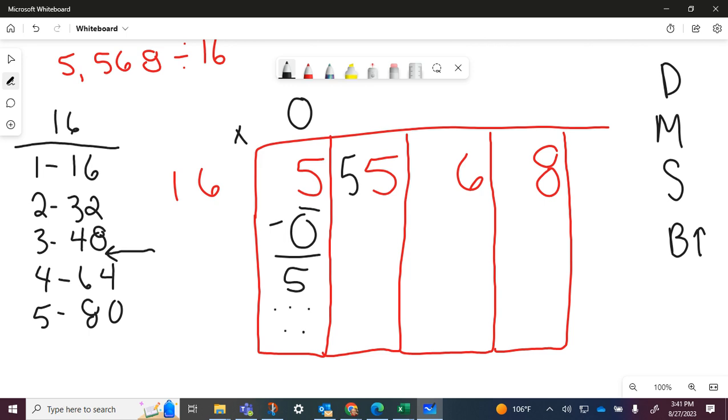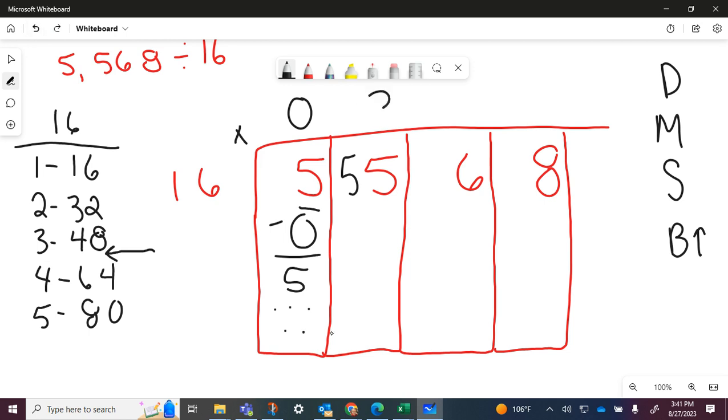So I can't make the 4 groups right here because I don't have enough pieces. I only have 55. But what I do have is I can make 3 groups right here because 3 groups is 48. 48, I have that within the 55. So now I'm good. So I can make 3 groups.